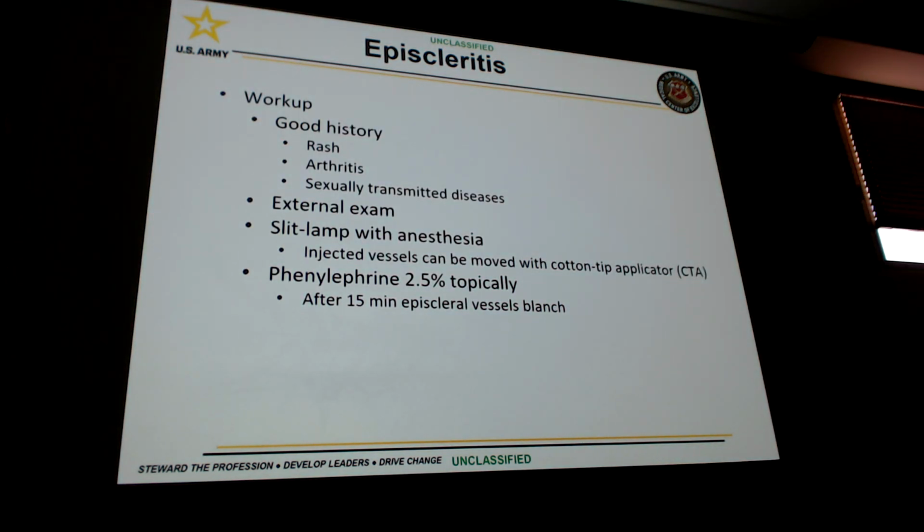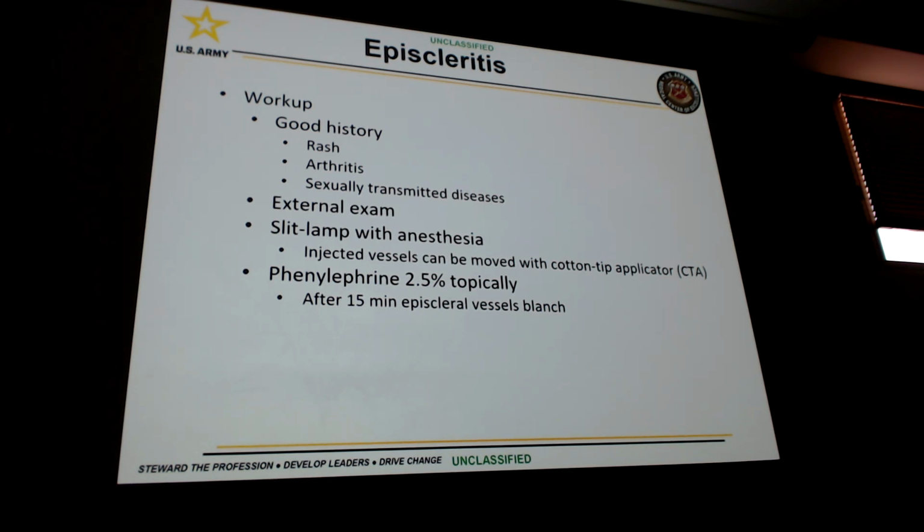The big thing to take away from this slide is that when you're diagnosing and doing your workup, you'll want to administer topical phenylephrine, 2.5%. If you administer topical 2.5% phenylephrine onto an eye with episcleritis and you wait 15 minutes, it's going to look like they don't have episcleritis anymore.